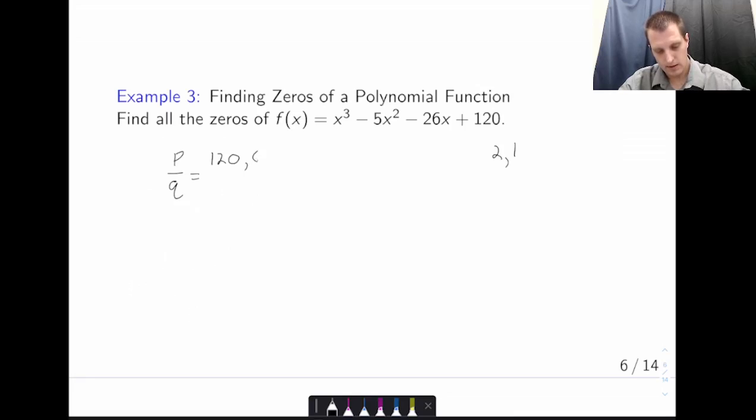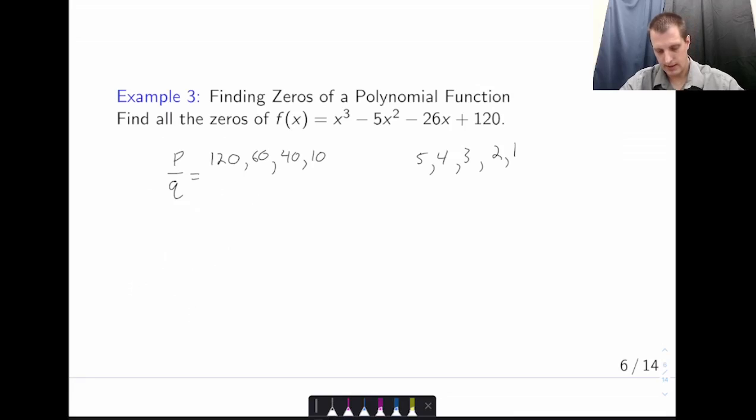We can divide 120 by 3, and that'll give us a 40. We can divide 120 by 4, which is going to give us a 10. We can divide 120 by 5.